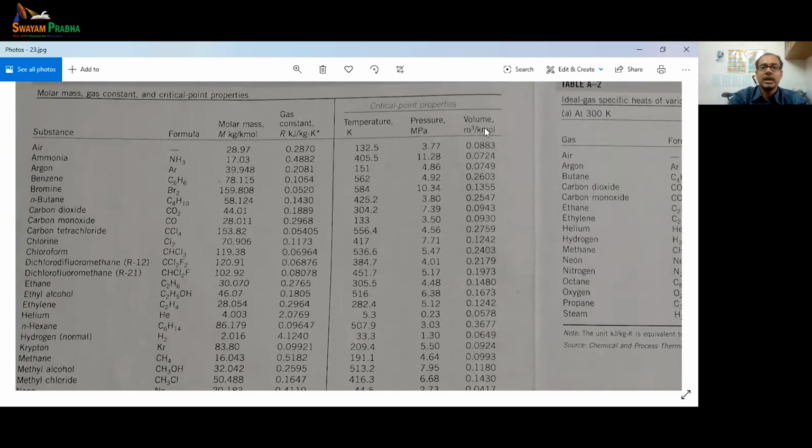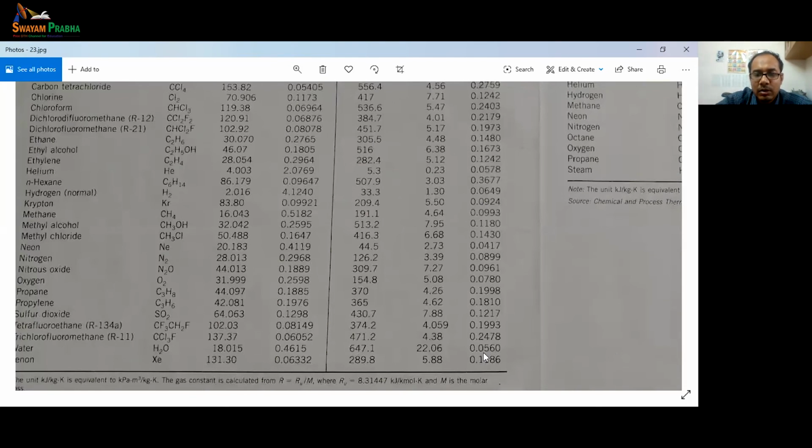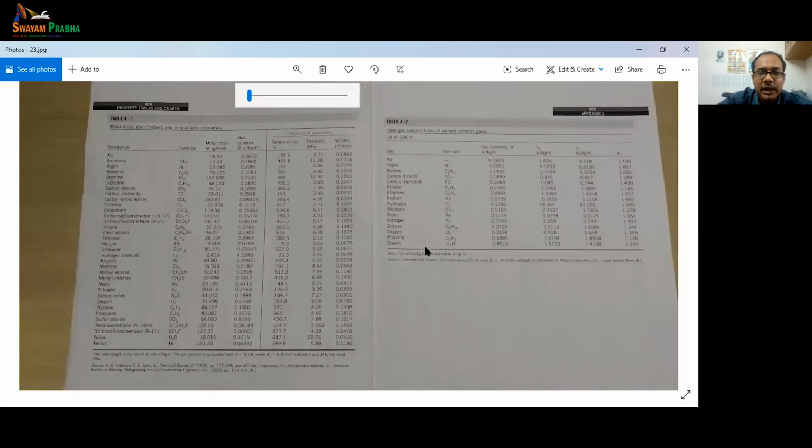This is important. If you read it directly and use it, you may not be consistent with the units. So this is given in meter cube per kilomole, and we may have to convert it to meter cube per kg.